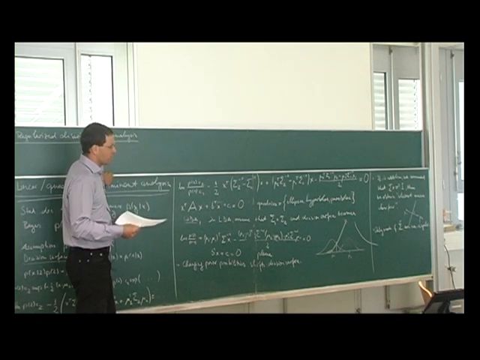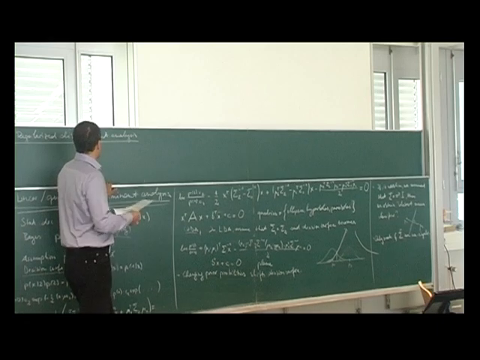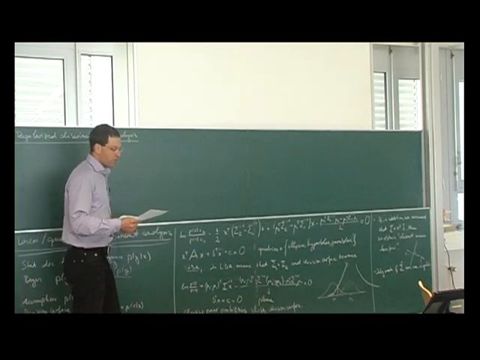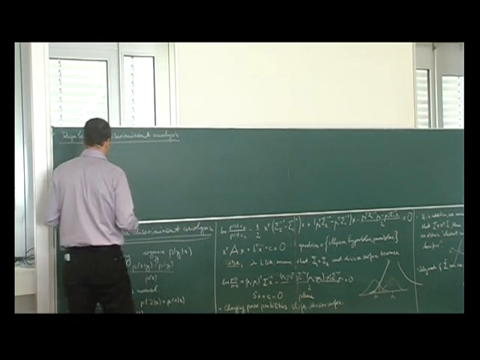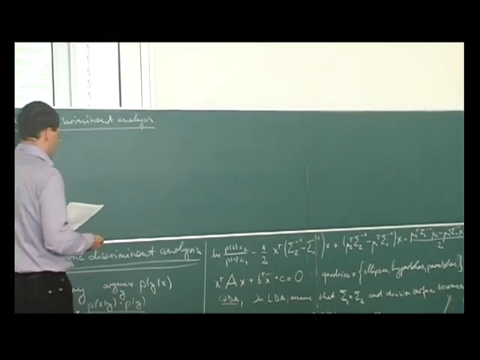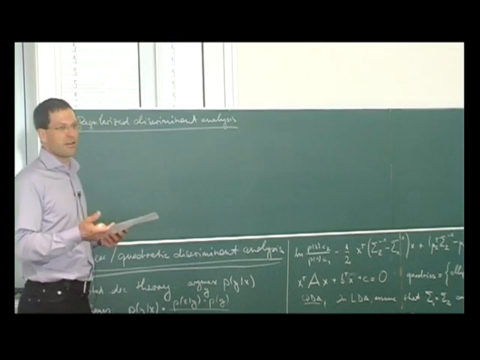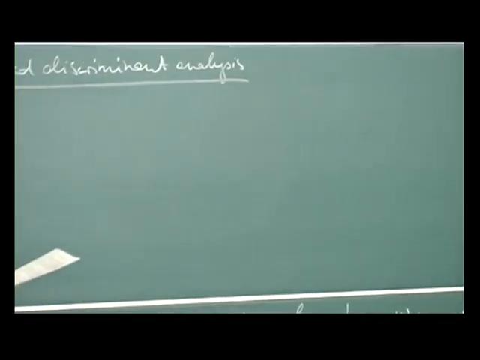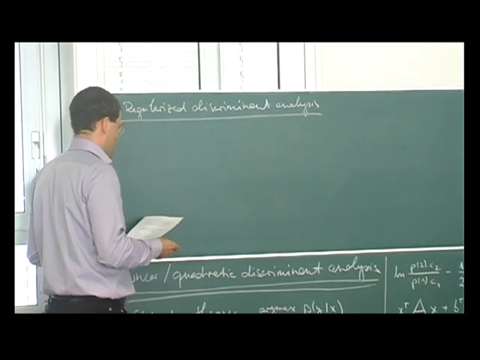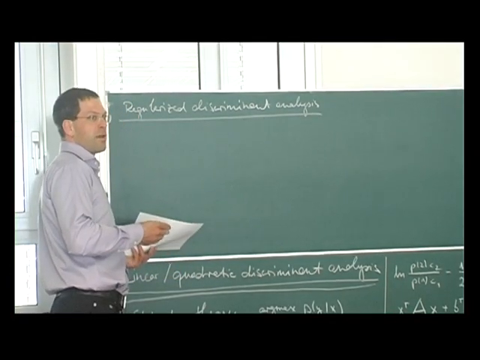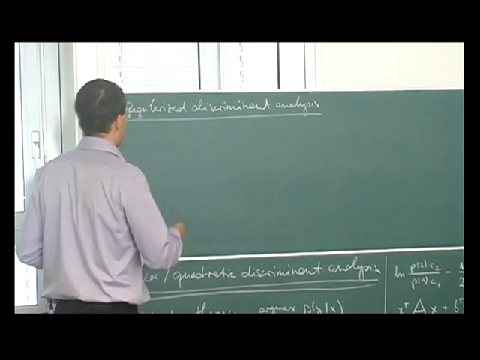QDA is interesting because it's more flexible. And now this regularized discriminant analysis offers you a compromise between the two. It has two steps and two associated parameters. The first step allows you to mix the individual covariance matrices with a pooled covariance matrix.